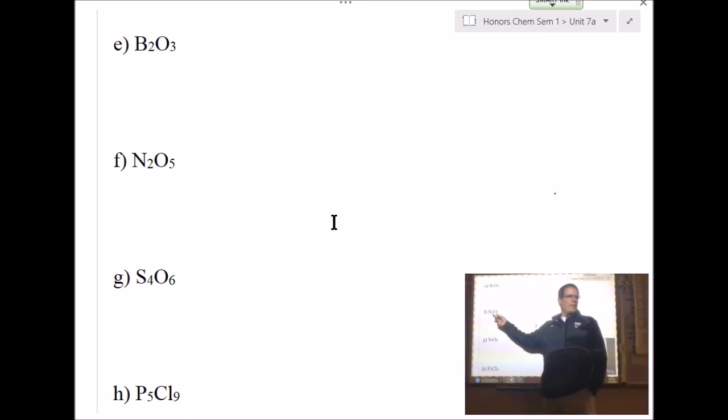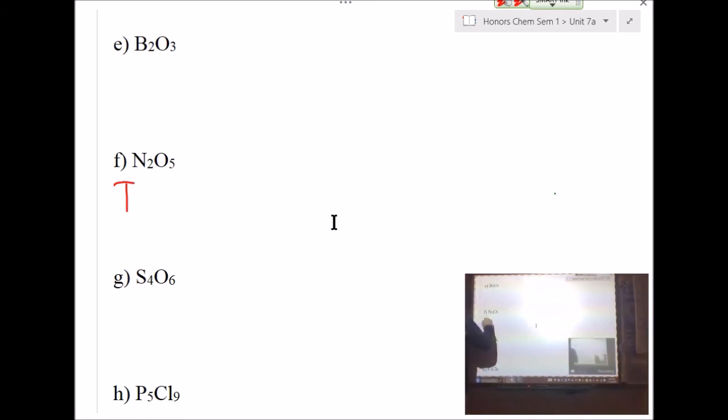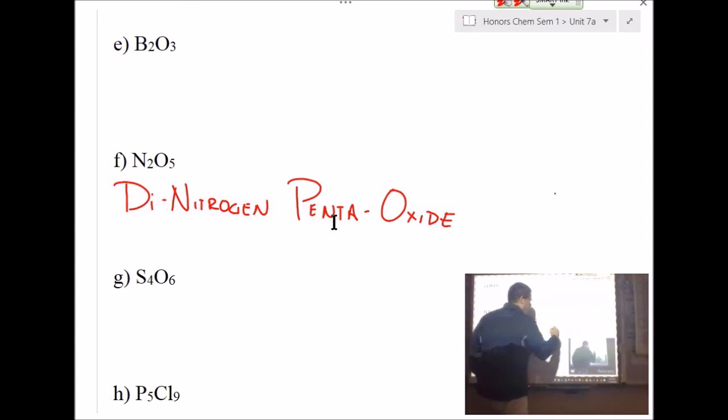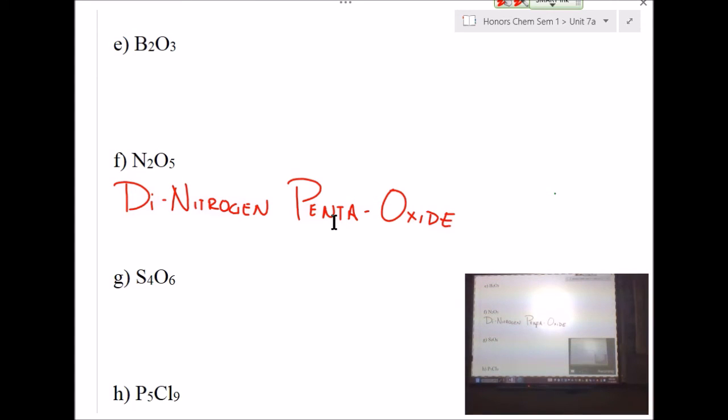What is F? Dinitrogen. Now, here's a nice reason why I like to hyphenate it, so you're not dropping the A and the O. Hyphenate it, and then we can see the pentoxide.